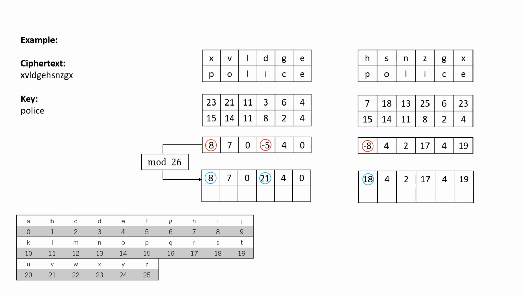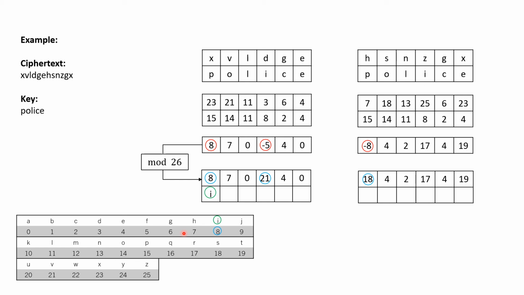And now, the last step, we just need to look up what English letters these numbers correspond to in the table that we got. So, for example, number 8 in the table corresponds to letter I. So we write I in the table.